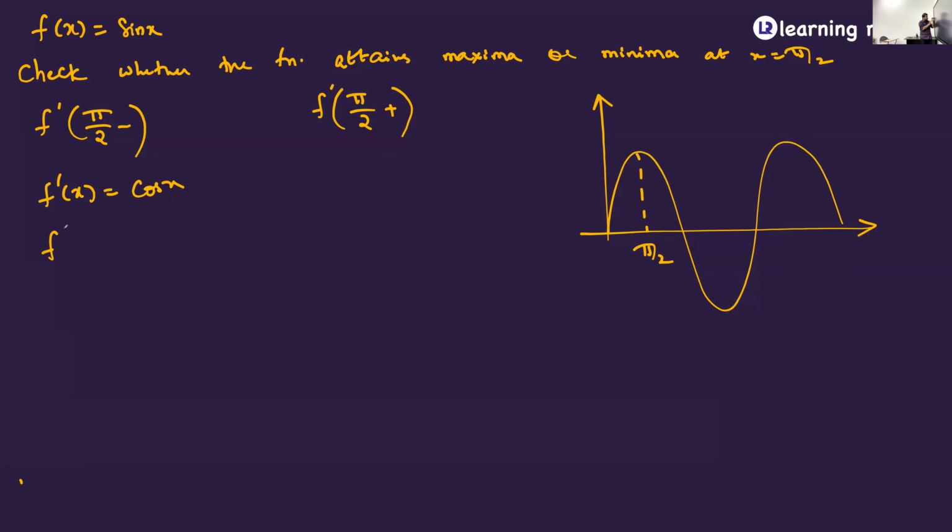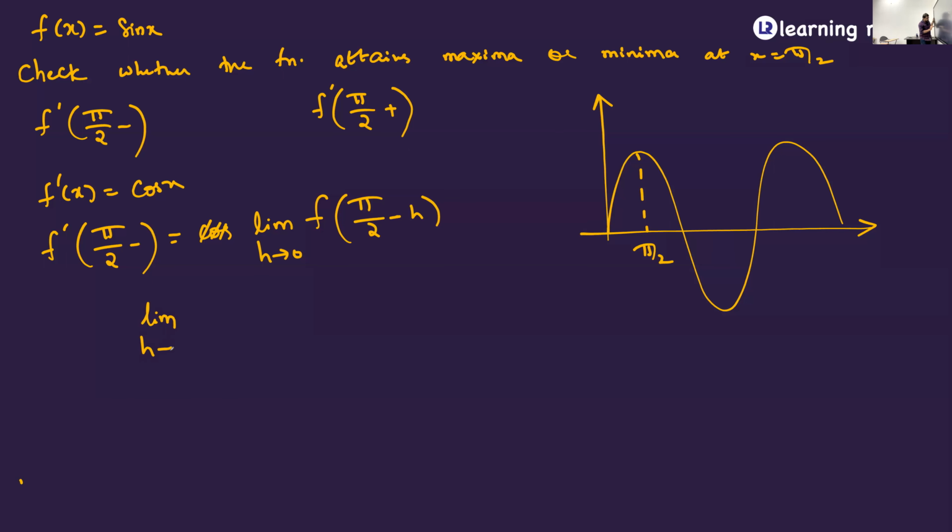Now what is f dash of pi by 2 minus? Observe, whenever you have this kind of thing, all you need to do is write it like this: limit h tends to 0, like how we find the left hand derivative, the left limit. So limit h tends to 0, f of pi by 2 minus h. So this will be limit h tends to 0, cos of pi by 2 minus h.